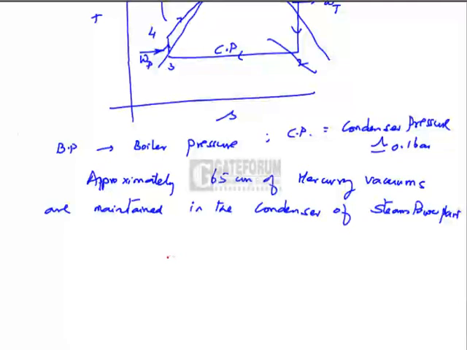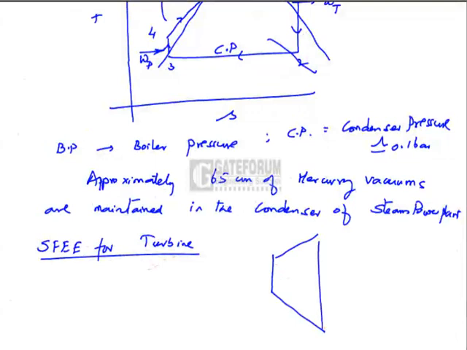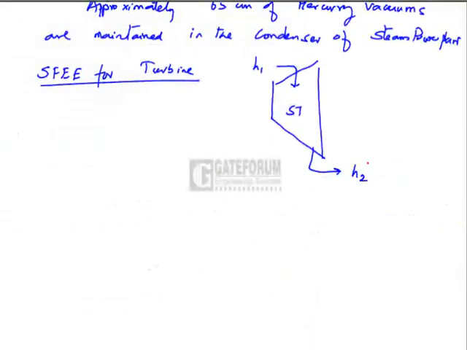If you look at the 4 components, that is boiler, turbine, condenser and pump, all are steady flow machineries. If you apply the steady flow energy equation for the steam turbine, steam is entering it with an enthalpy of H1. Steam is leaving the turbine with an enthalpy of H2.